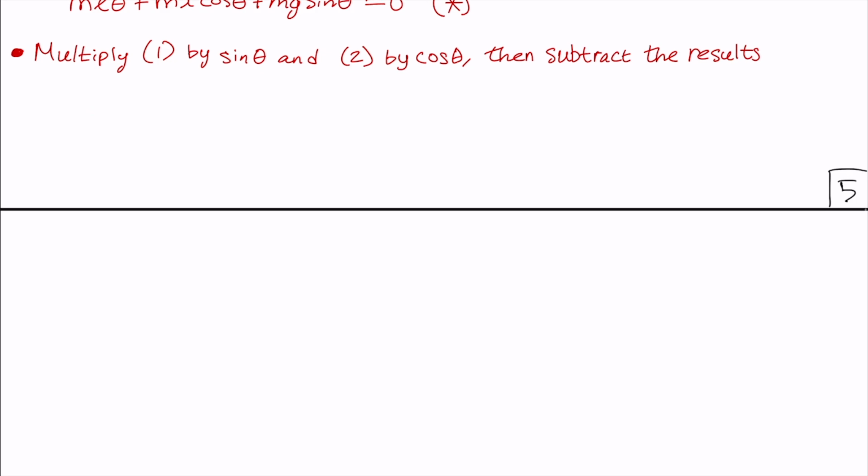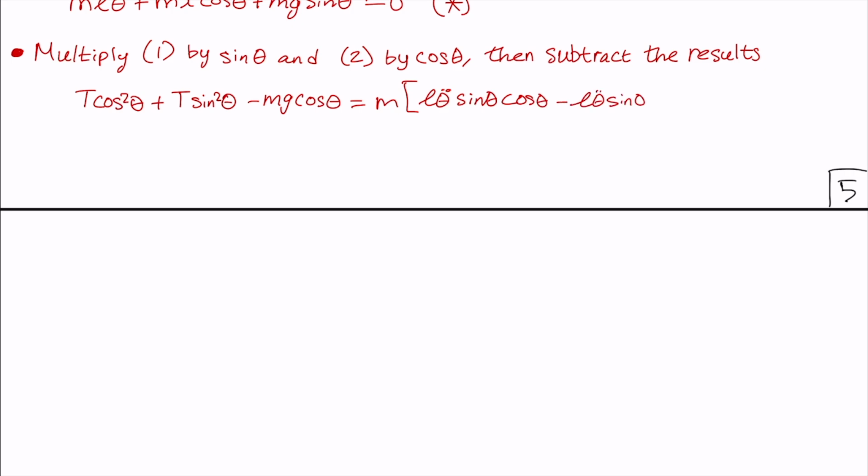So if we do that, we're going to end up with T times cosine squared theta plus T sine squared theta minus mg cosine theta is equal to m times square bracket with the quantity L theta double dot sine theta cosine theta minus L theta double dot sine theta cosine theta minus x double dot sine theta plus L theta dot squared cosine squared theta plus L theta dot squared sine squared theta, and we can close our square bracket here.